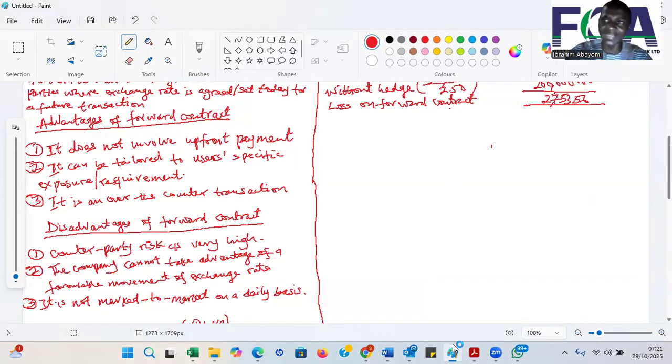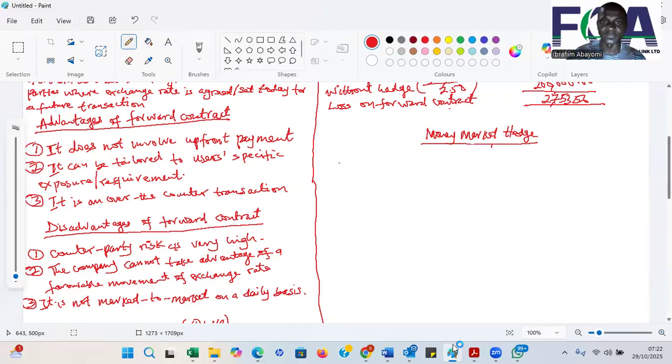How does money market hedge work? Let me take it with respect to obligation and with respect to receipt.